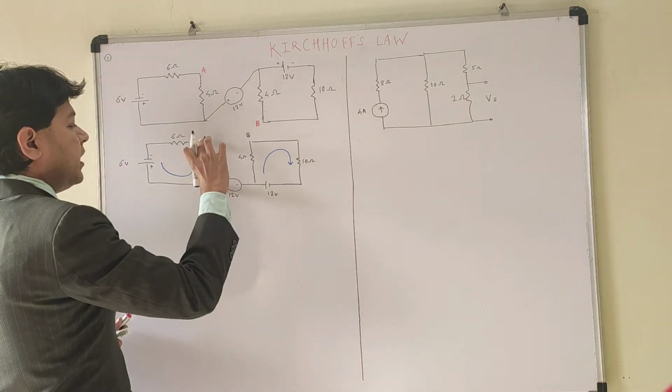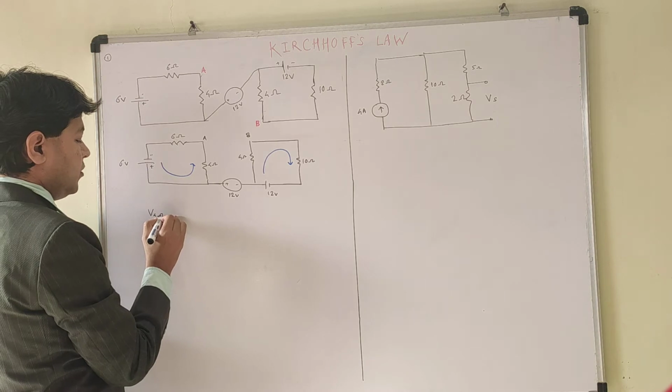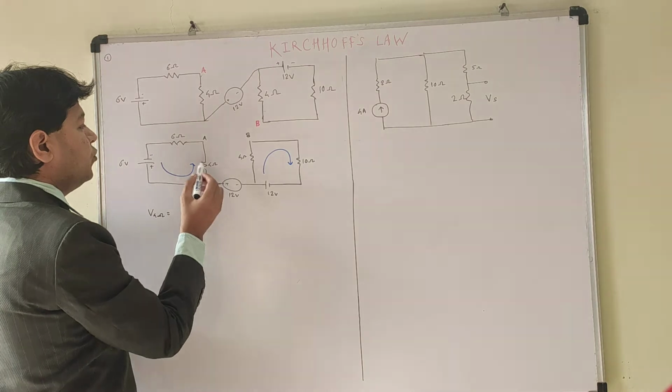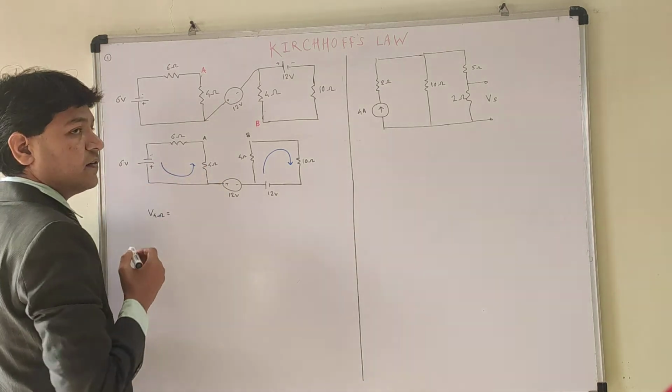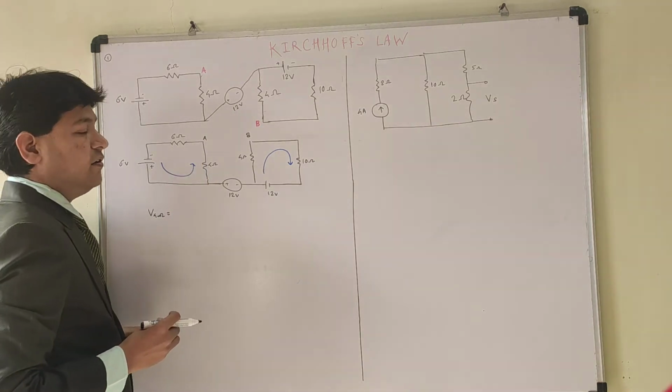Now I have to calculate the voltage across this 4 ohm. If you can see, two resistors are connected in series, and to this series circuit a 6 volt voltage source is connected. So I will apply the voltage division formula.